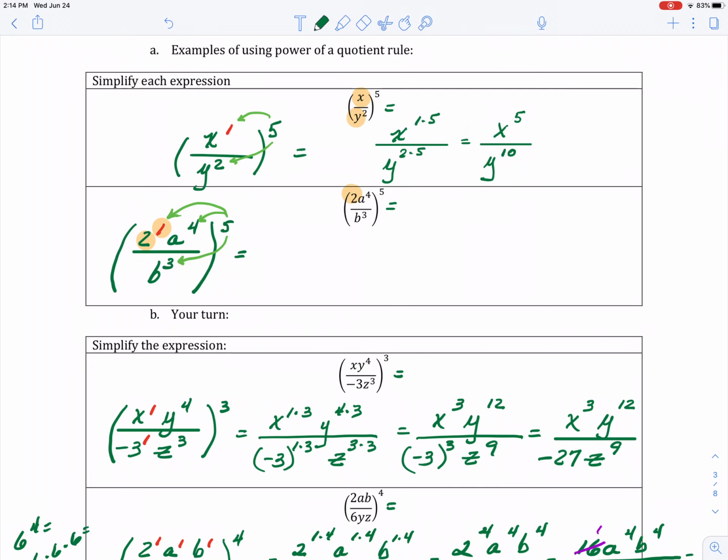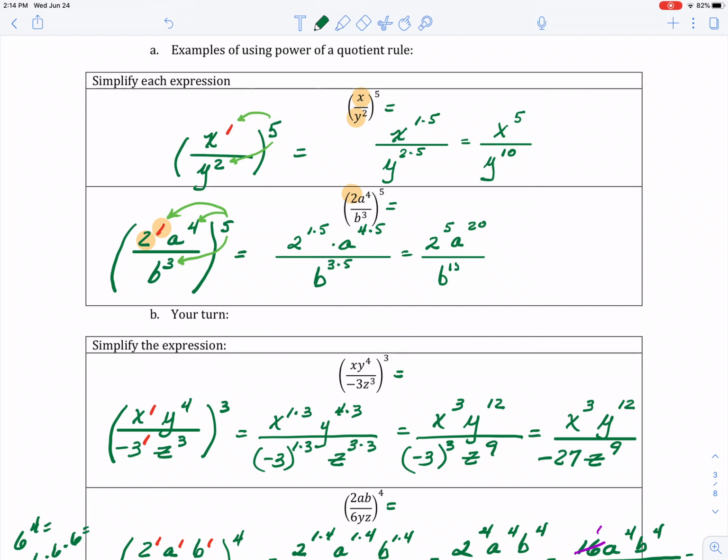So let's see what we get. This becomes 2 to the 1 times 5 times A to the 4 times 5, all sitting over the base B to the 3 times 5. So this is 2 to the 5th, A to the 20th, and B to the 15th.